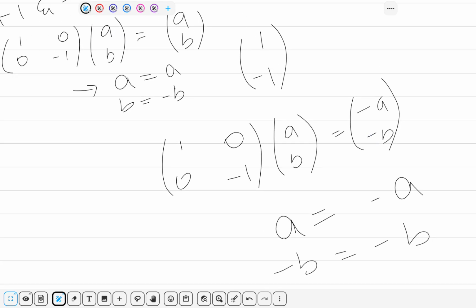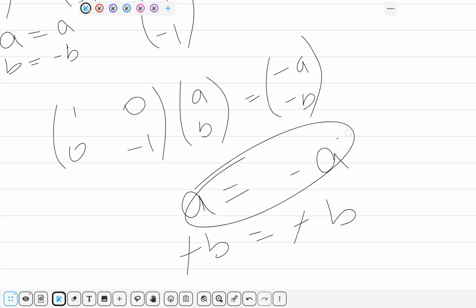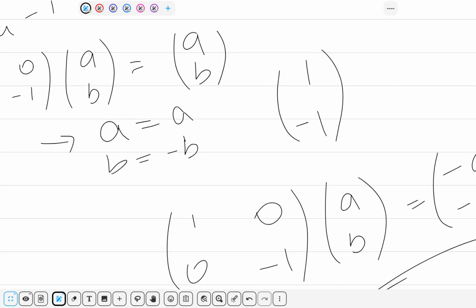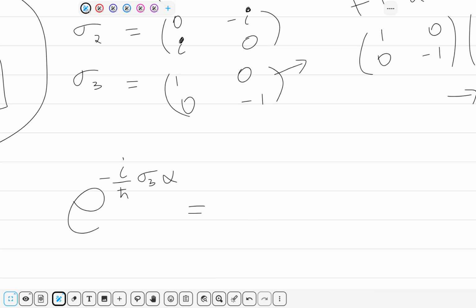What did I just do? Okay, I feel too stupid now. This implies that a can be anything and b equals 0, and in the other case a equals 0 and b can be anything. And this is already diagonalized actually.